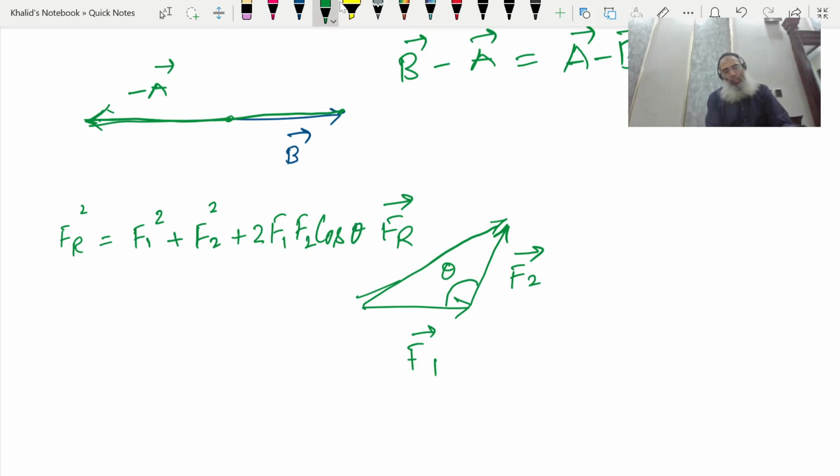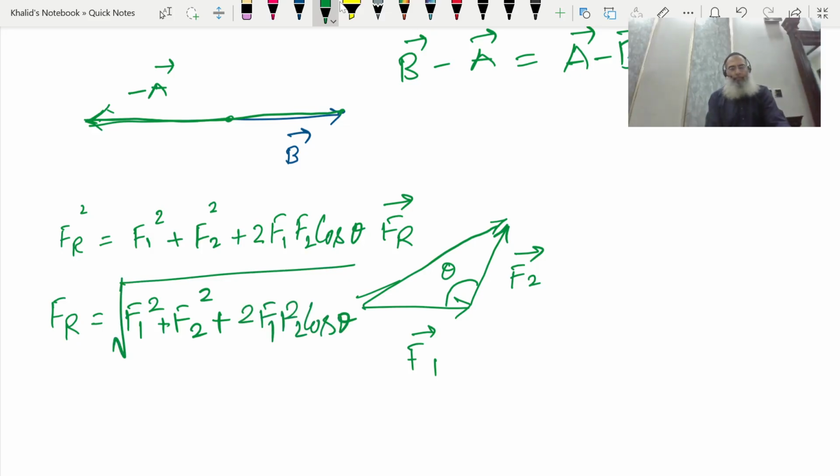Doing the square on both sides, it becomes F1 squared plus F2 squared plus 2 F1 F2 cos theta.